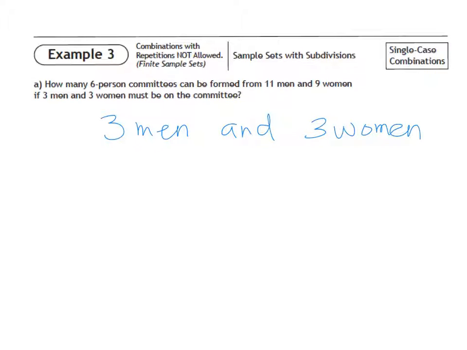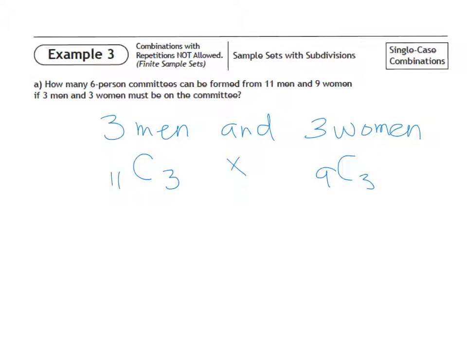So if we choose the men first, there are 11 men and we're choosing 3 of them. When we choose the women, there are 9 women and we're choosing 3 of them. And what goes in the middle in here? A multiplication, right? Because you're not choosing men or women, you're choosing men and women.